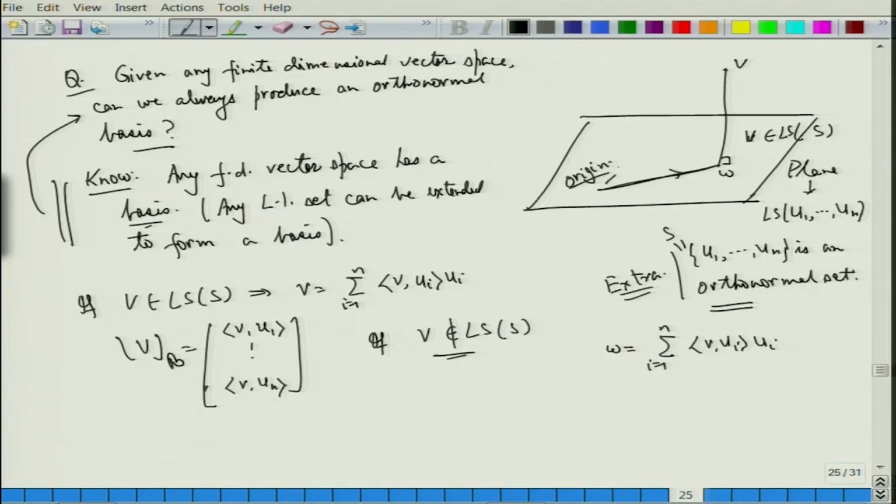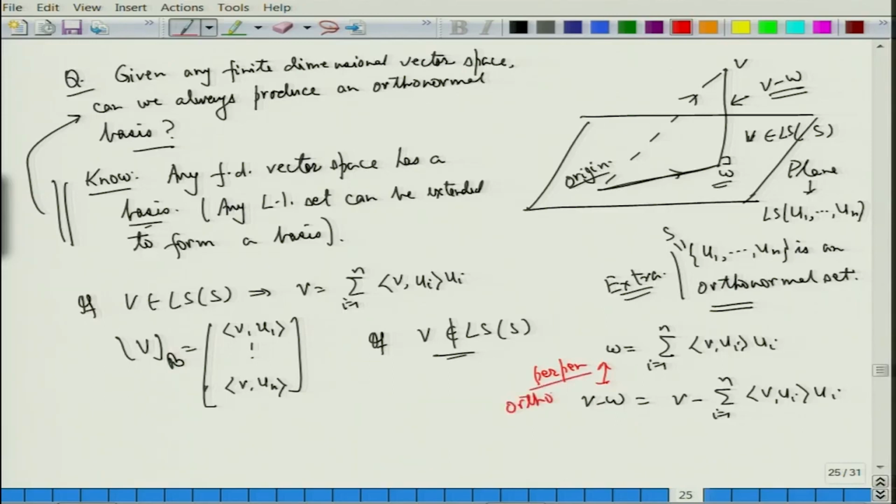So this vector V that I am looking at is this vector plus this vector. So we are looking at V minus W, which is V minus the summation i going from 1 to n of V comma ui. What we see is that these two vectors are perpendicular, or what we said, orthogonal. So these two vectors are very nice.